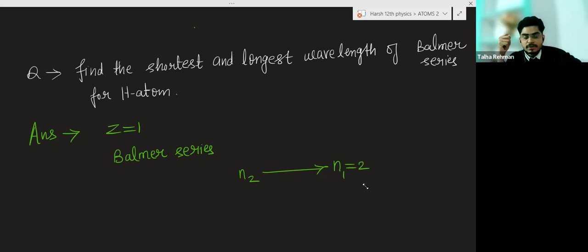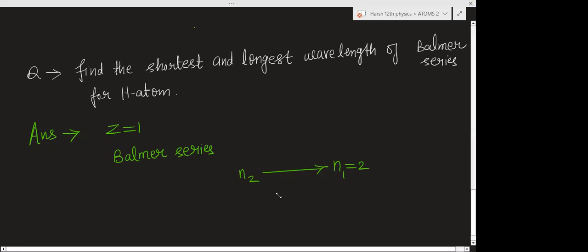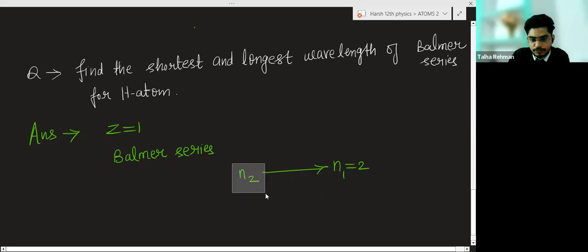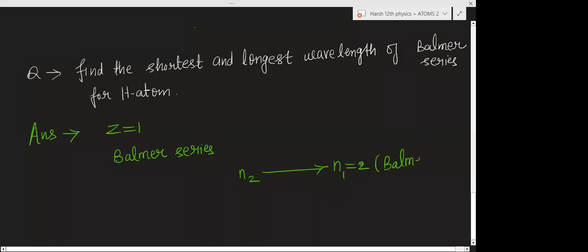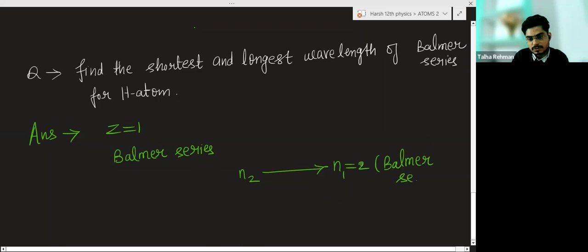For Paschen, n1 will become 3. So electron is moving from any n2 level to n1 equal to 2 because of the Balmer series.